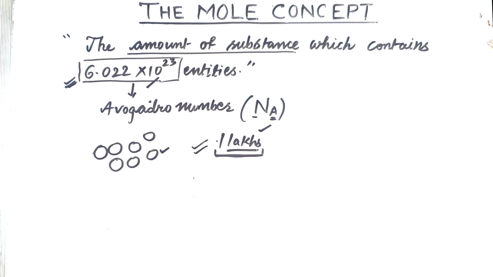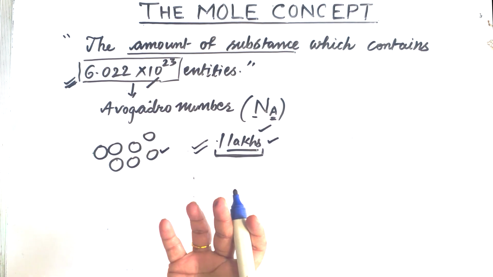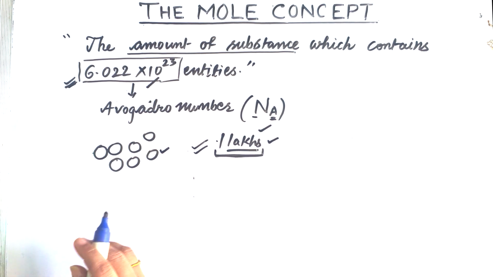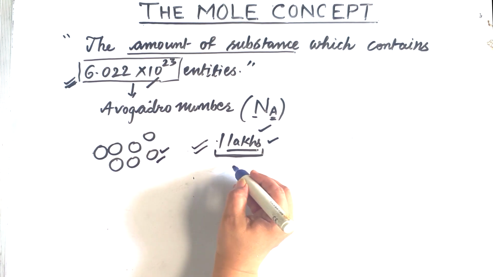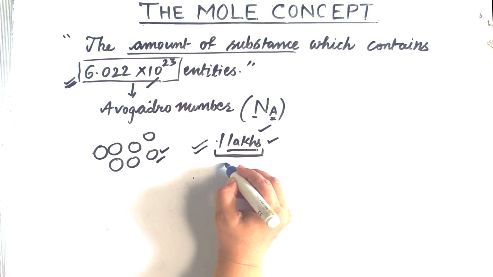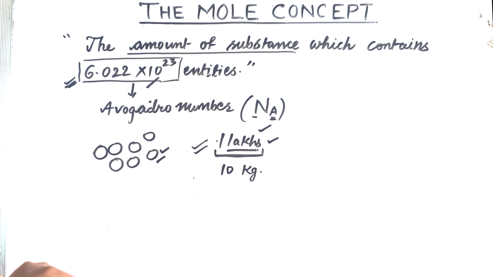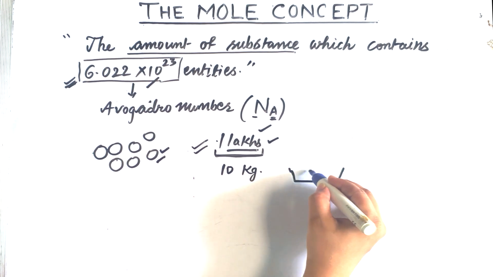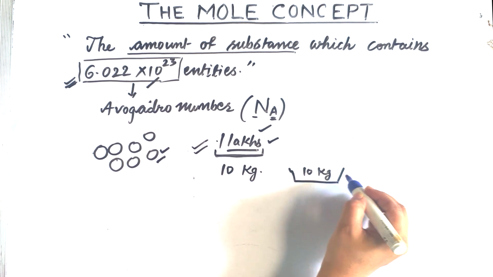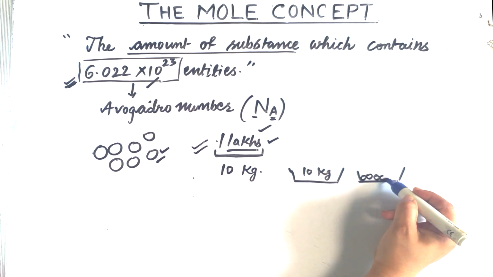But just imagine that I know how much these 1 lakh balls will weigh. In my company, these balls are being formed, so I have an idea that these 1 lakh balls weigh, suppose, 10 kg. So what would I do then? I will keep 10 kg on one side of the balance, and on the other side of the balance I will start keeping my balls.